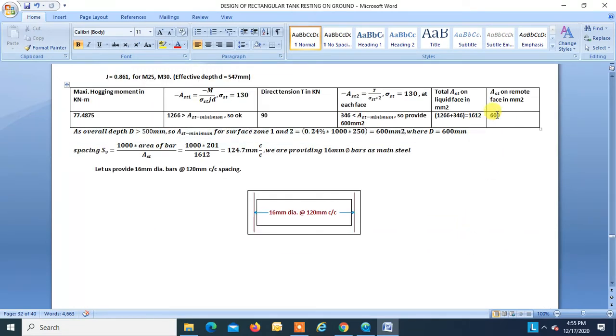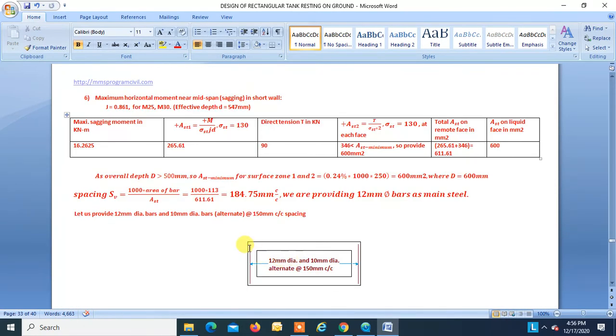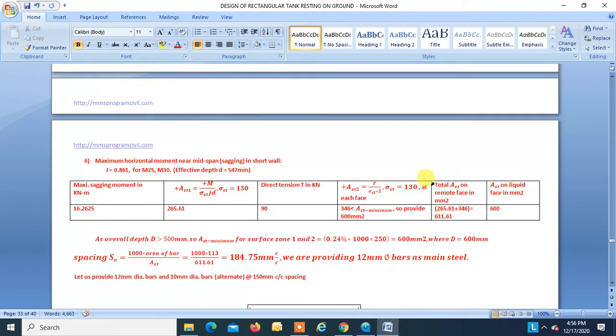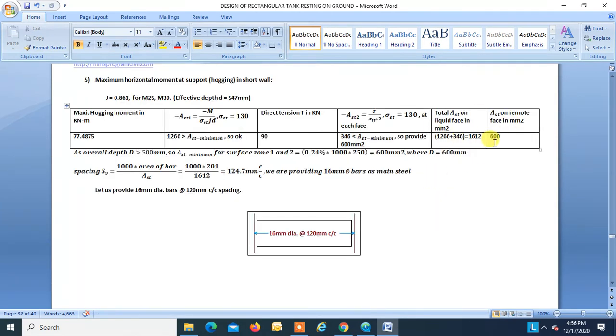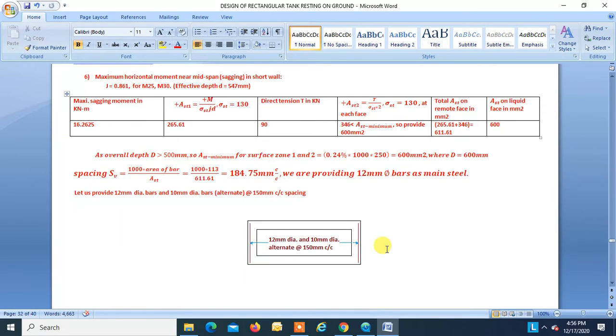This is 600 required at the supports on this face, right? But we are providing 611.6, which is greater than 600. So it is okay, provided it is higher than required. I hope I have made my point clear.